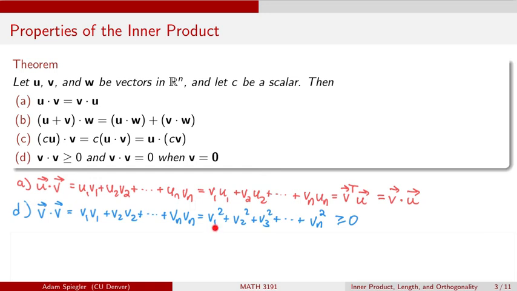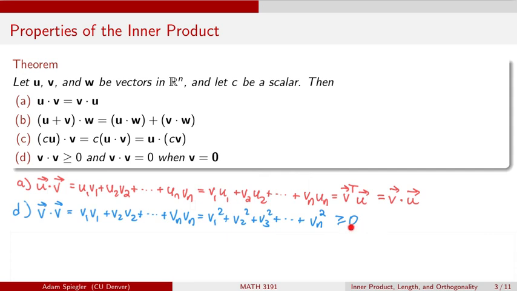So in other words, it's v1 squared plus v2 squared plus v3 squared all the way up to vn squared. So if I'm adding a bunch of numbers raised to the second power, each of these numbers has to be greater than or equal to 0. So adding a bunch of numbers that are greater than or equal to 0 is going to result in a sum which has to be greater than or equal to 0.